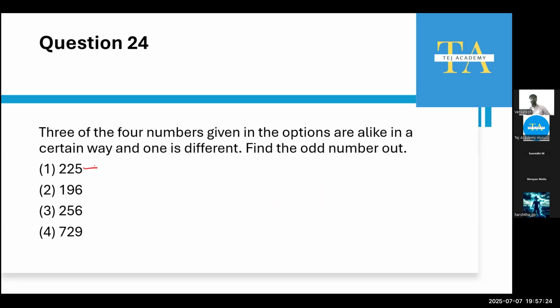So we can write it as 15 square, 196 is 14 square, 256 is 16 square, and 729 we can write as 27 square, or 9 cube. So except 729, the rest are all square numbers. 729 we can write as square and a cube. So the fourth option is the different one.